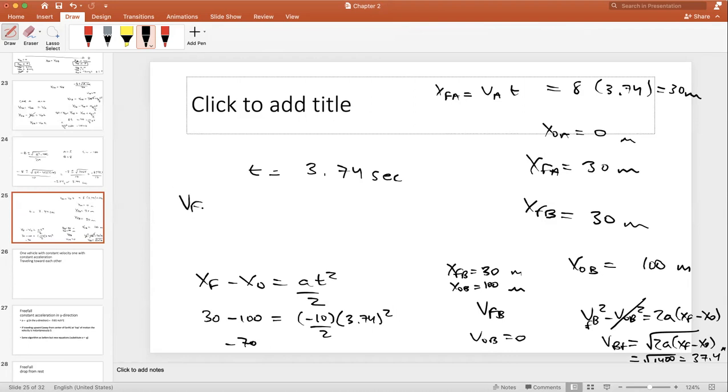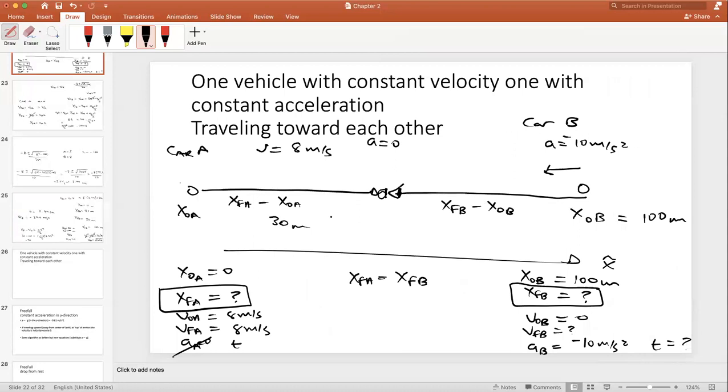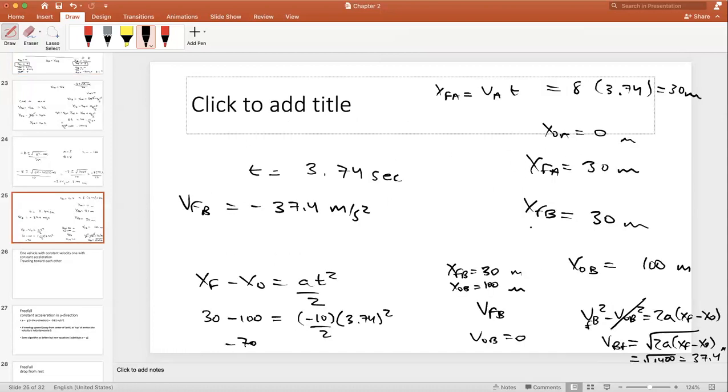V final of B, when it reaches that, it has to be minus. How do you know? From the picture. We're assuming in the picture that going to the right is positive, going to the left was negative. The square root is equal to plus or minus 37.4, and you have to choose. You should know that from math. But the only way to know whether it's positive or negative is if you have the picture in your head, right? So keep that in mind.